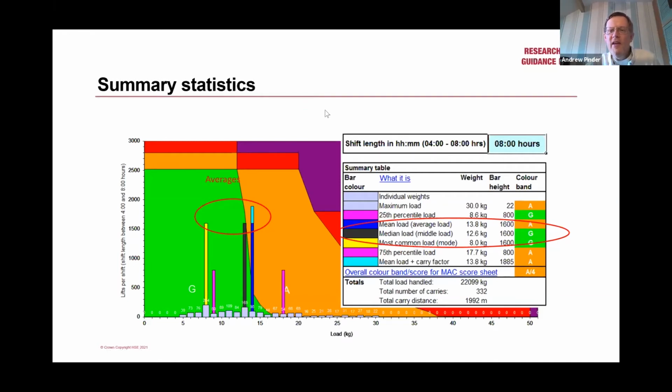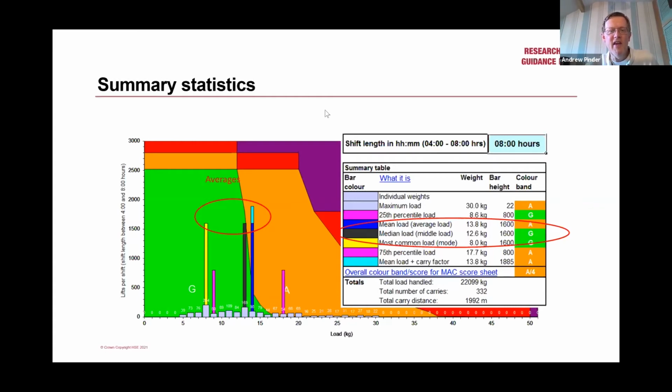So the mean load is the dark blue. And in this set of data, you've got about 1,600 items in there. The yellow is the most common load, so it's the single weight that is most common.